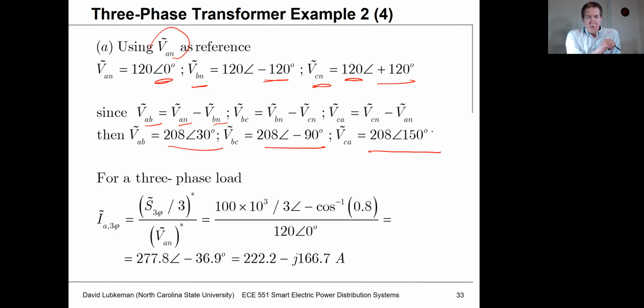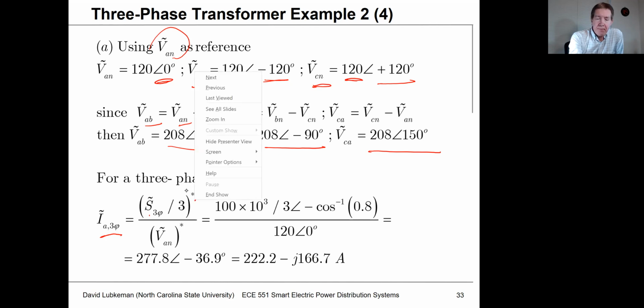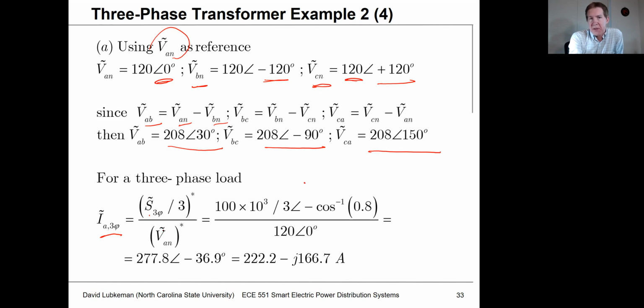So for the three-phase load, what I'm going to do is to calculate the contribution to the three-phase load. I'm just going to do this for phase A because phases B and C are just going to lag and lead by 120 degrees. I take the three-phase load, divide by 3, take the complex conjugate of that, and then I take the line to neutral voltage and take the complex conjugate of that.